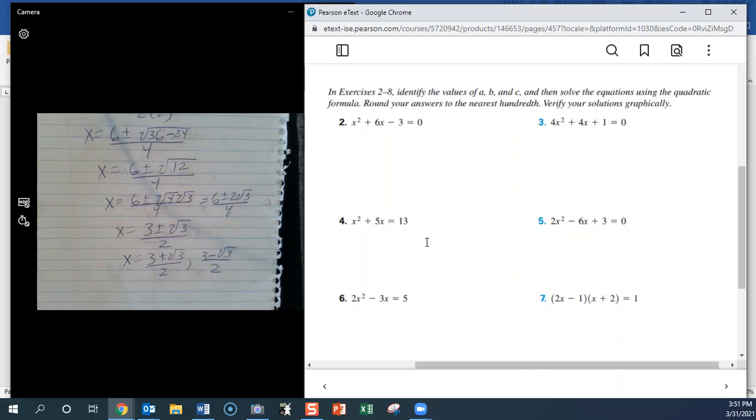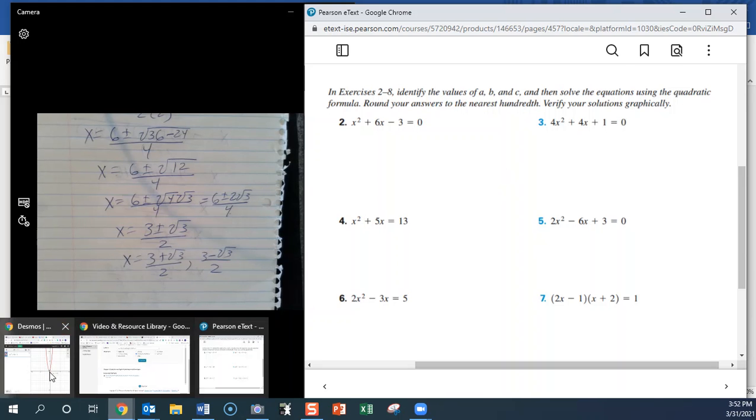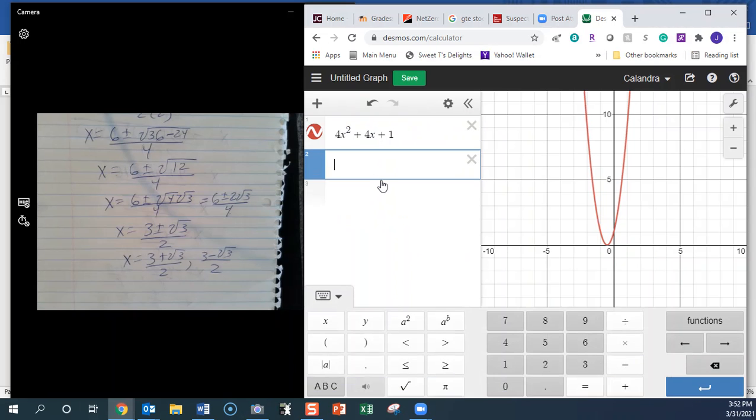Now, they did ask us to write our final answer as a decimal to the nearest hundredth. So we go right here to the calculator, and let's type this in.